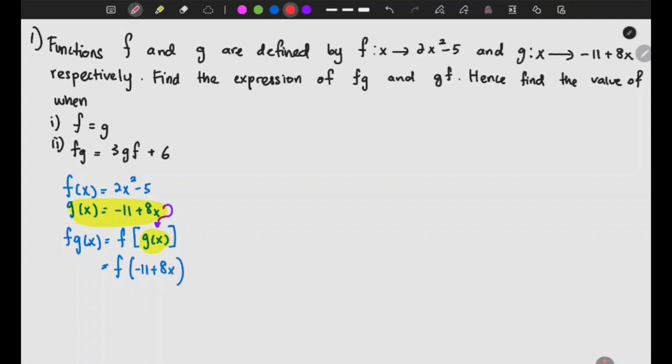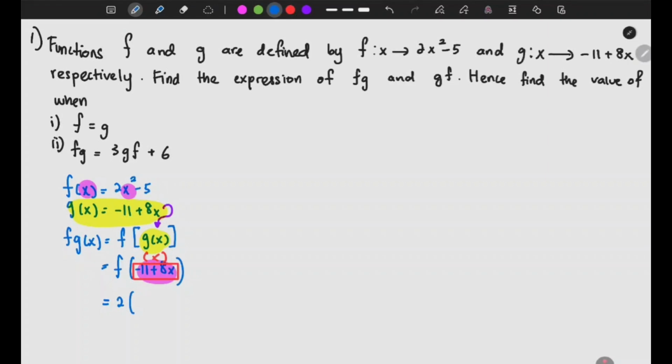Now the only part that changes is the x part. Don't change everything. In f(x) it's 2 and your x is no longer x. It's negative 11 plus 8x, not x. So replace it with negative 11 plus 8x, and don't forget the square and minus 5.